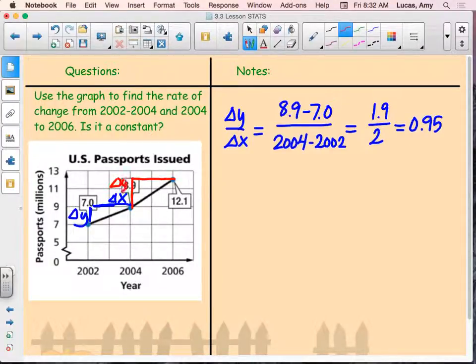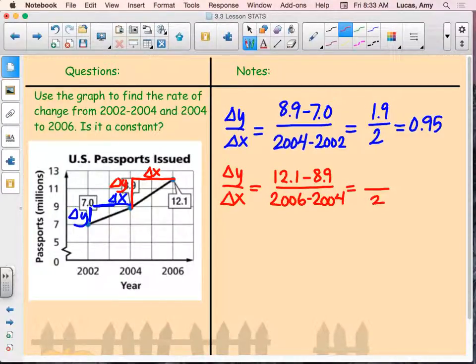So change in Y, change in X. Okay, so my second interval in red, I have 12.1 and 8.9, and it's from 2004 to 2006. So it's still a 2-year interval. 12.1 minus 8.9 is 3.2. So if I divide that, I get 1.6.